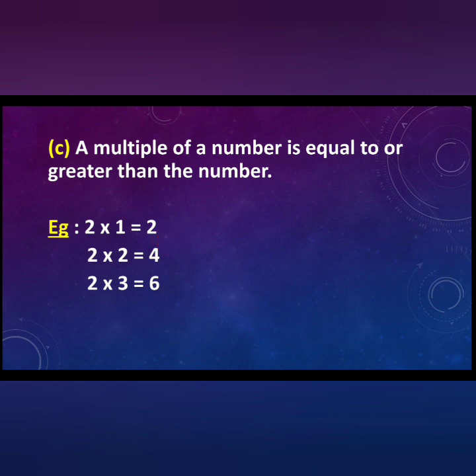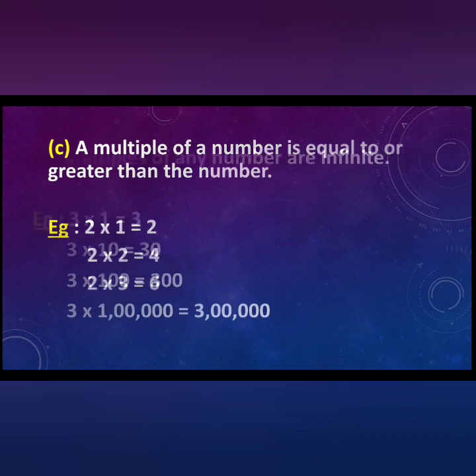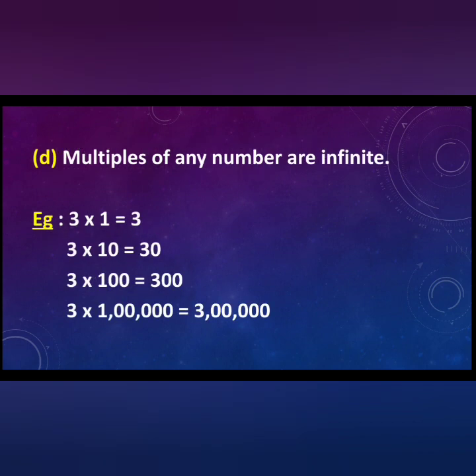Now moving to the next property of multiples: multiples of any number are infinite. Now see this example, let us consider the multiples of 3. 3 ones are 3, 3 twos are 6, 3 into 100 is 300, 3 into 1 lakh is 3 lakhs, right? Like that way we can get many multiples.